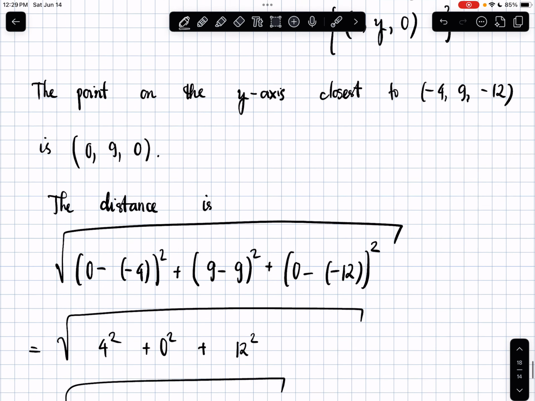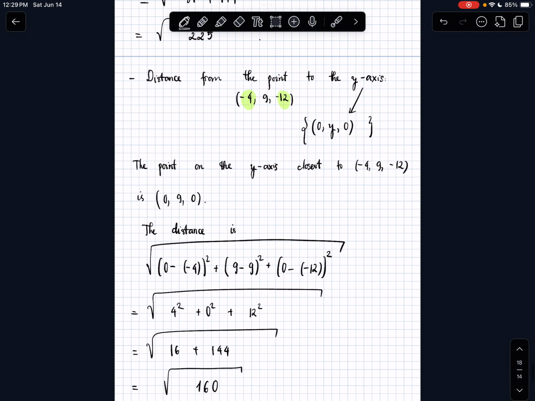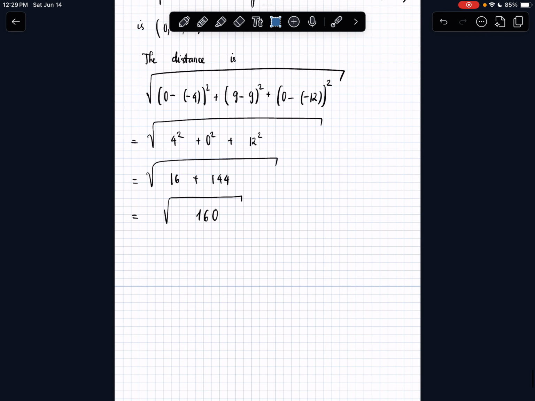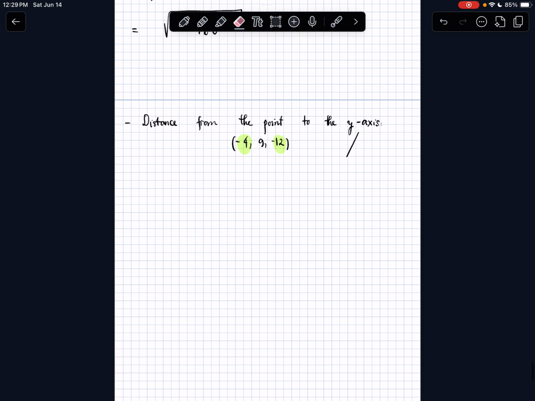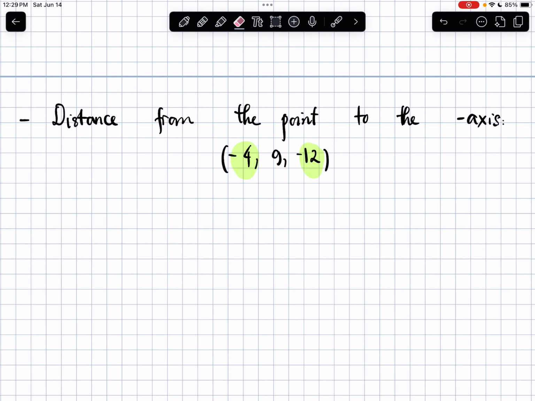Okay, let's do the last part. The distance from the given point to the z-axis. The z-axis is the set of points (0, 0, z), for z a real number.